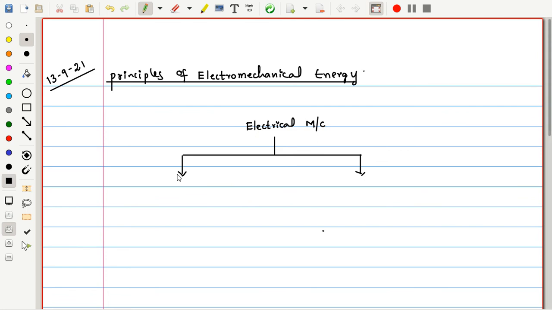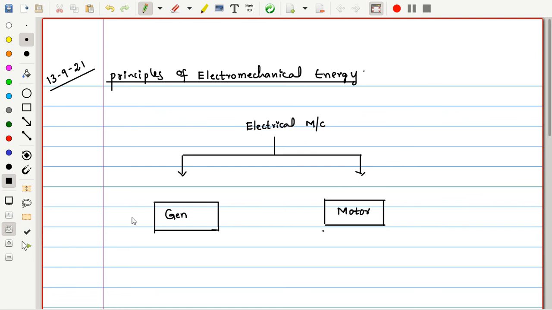And this conversion takes place through an intermediate domain, which is the magnetic domain. So we found two classes of electrical machines: generator and motor.